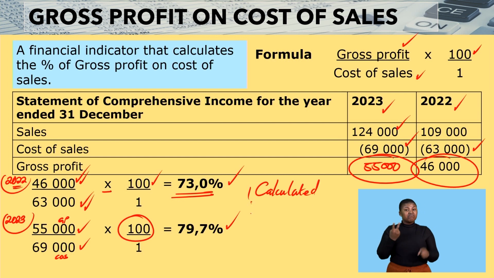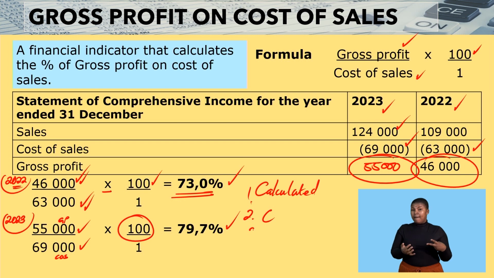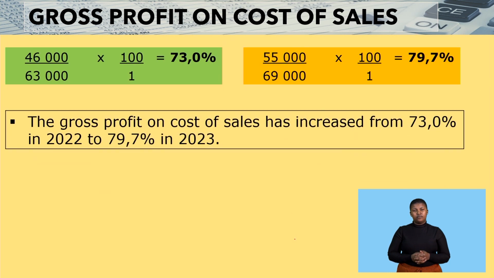Okay, so what is left now? To compare. Number 3, to comment. We now compare and then we will also comment. Let us go and do that. In my comparison, I have to know this is 2022 and this is 2023.